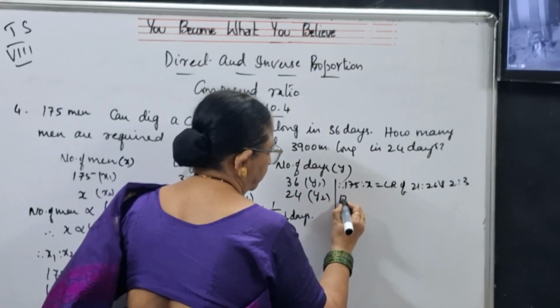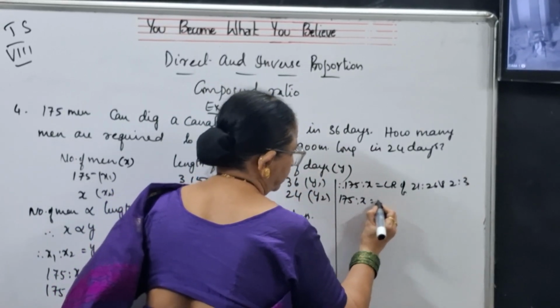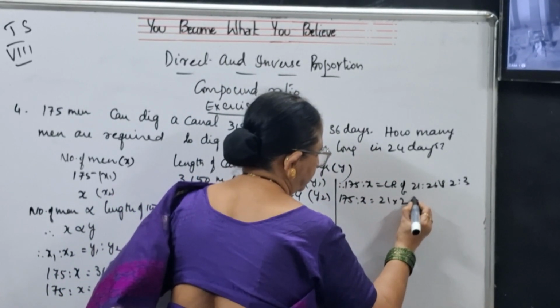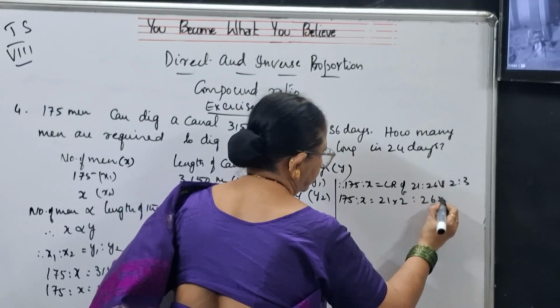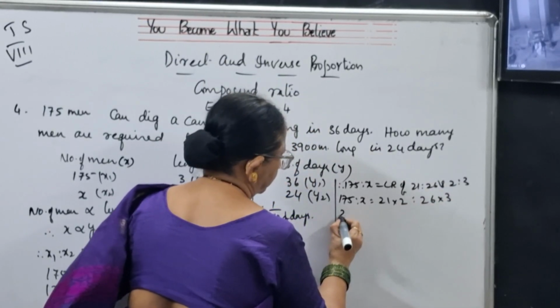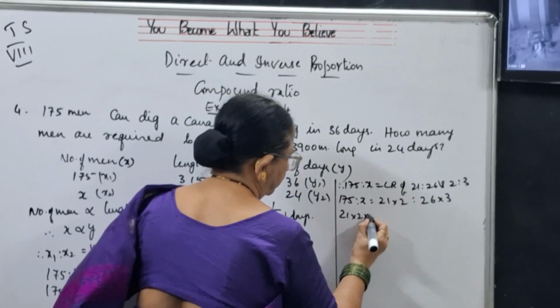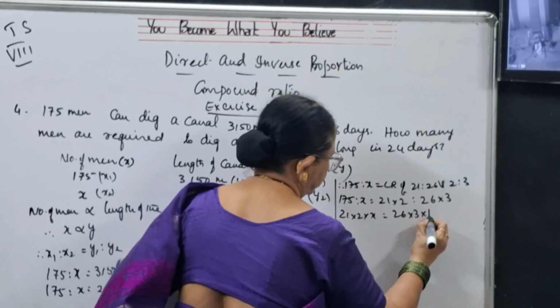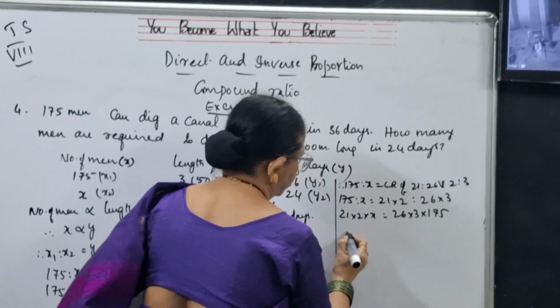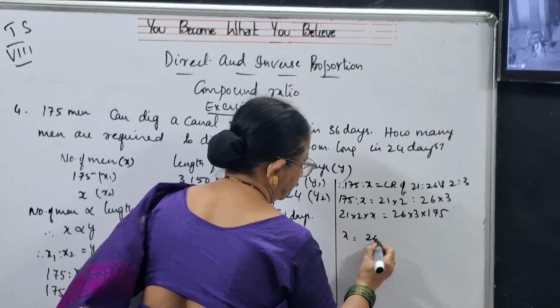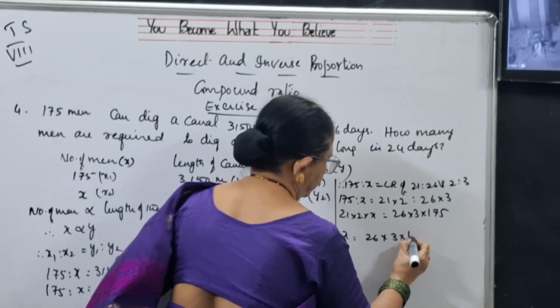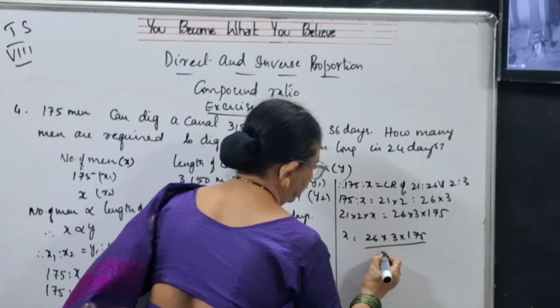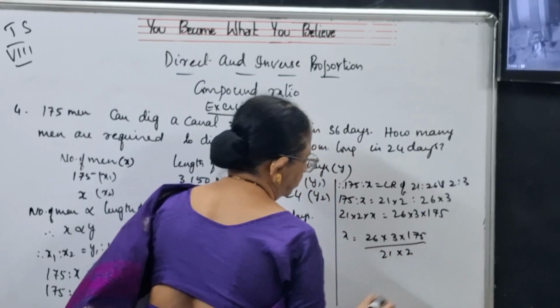That means 175 is to x is equal to 21 into 2 is to 26 into 3. So 21 into 2 into x is equal to 26 into 3 into 175. So what is x? 26 into 3 into 175 by 21 into 2.